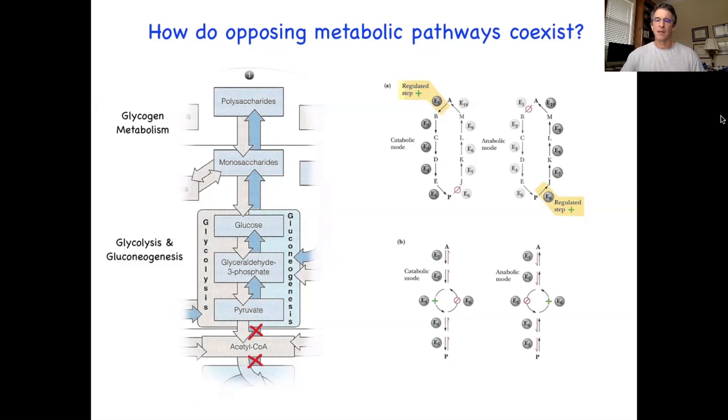Notice something. To get this pathway to run, I only need one additional enzyme. All the rest of the enzymes in the forward pathway are exactly the same. In fact, four of them in this pathway design are identical in both pathways. And at that point, if I make this enzyme, E6, the differential regulation I have to impose is a lot simpler.